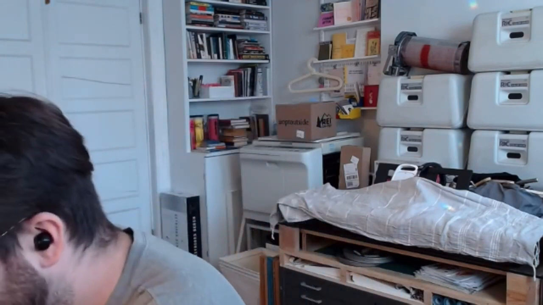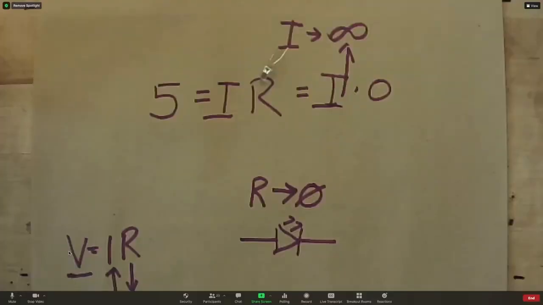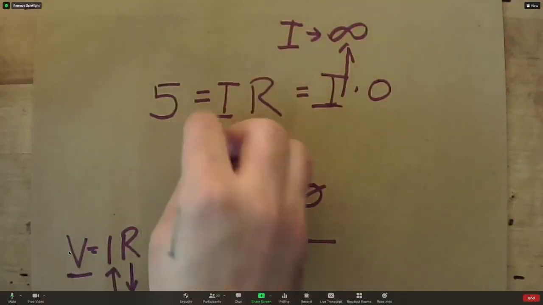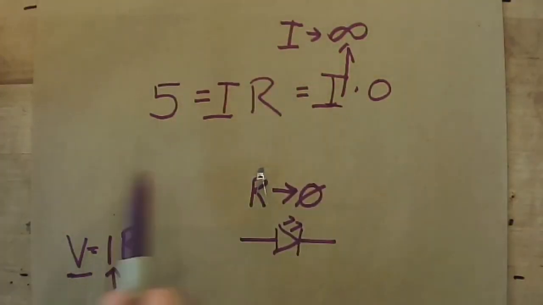But because we want to keep that magic smoke in there, we want to protect our LEDs. So when you get an LED, which I have some of right here in front of me, I'll switch my camera over. Here's a little LED, and I'll just zoom in on it real quick so you can see it a little bit better.